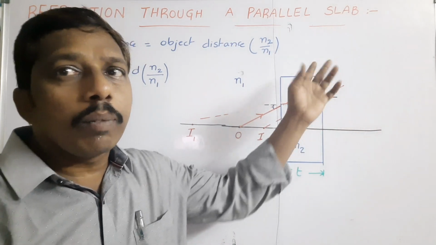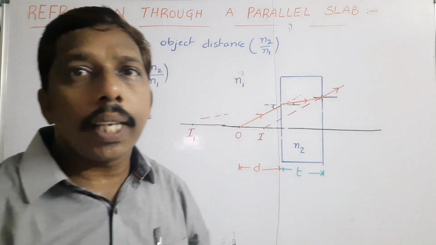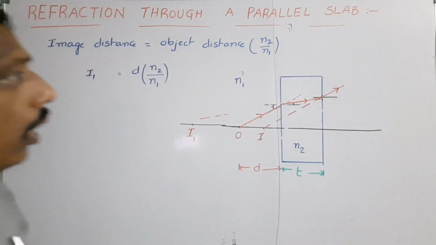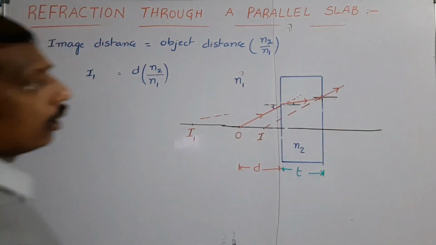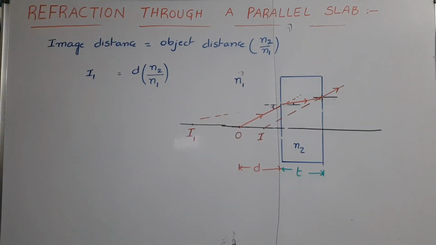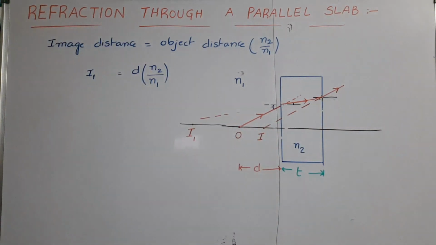It bends away from the normal because the glass slab is the denser medium and the surrounding medium is the rarer medium. This is the incident ray, this one is the refracted ray, and this is the emergent ray. If you extend this emergent ray back, it forms an image. This image is a virtual image.